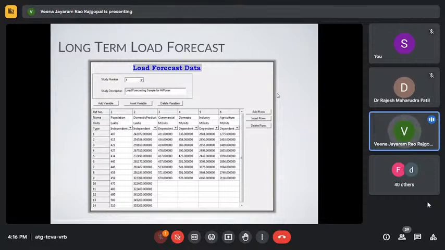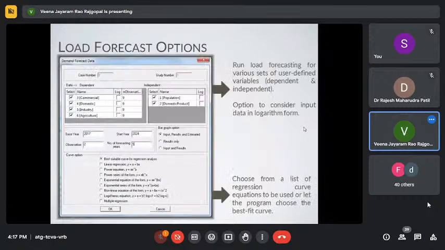But for planning analysis, this will be your input based on what is forecasted for the next couple of years. Then generation planning and transmission planning has to be done. So this load forecasting is going to give you an input or indication of what other planning has to be done for generation and also the transmission. These are the various options you have for doing the load forecasting.